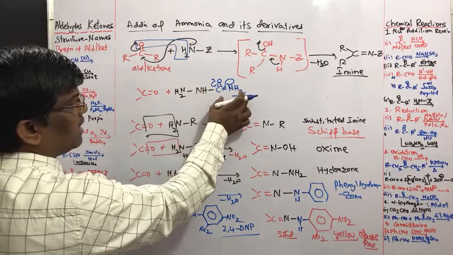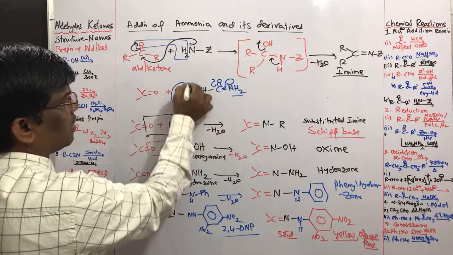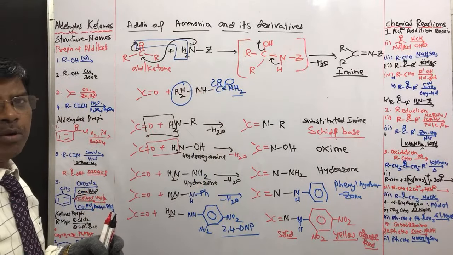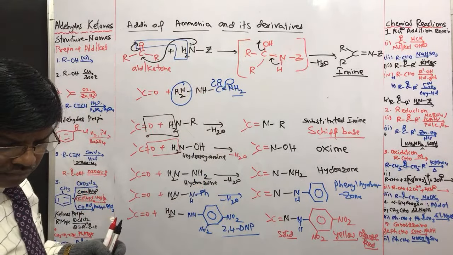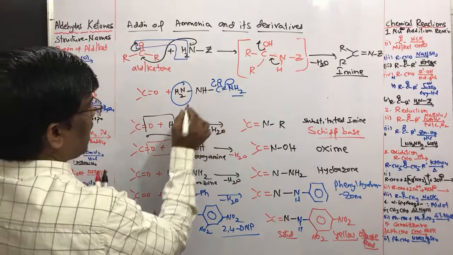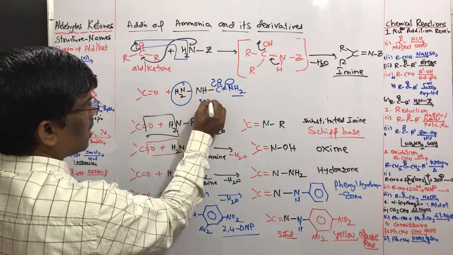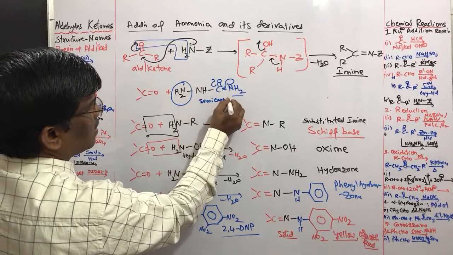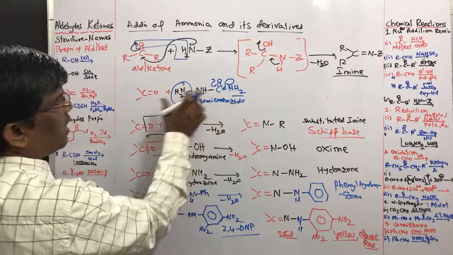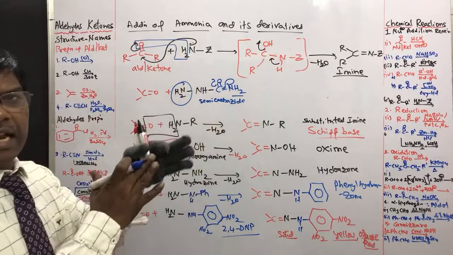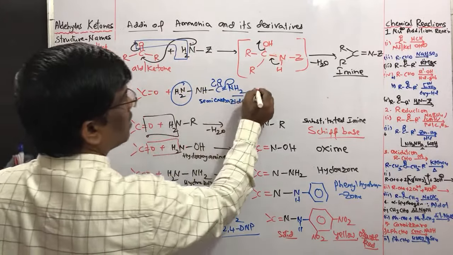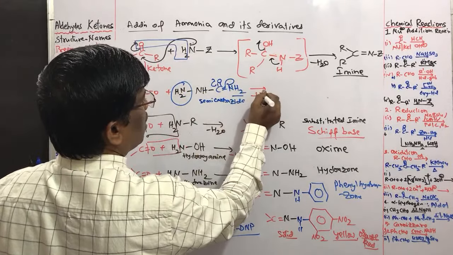So it is inert. This other nitrogen is going to form semicarbazone. Yes, semicarbazide. In your book it is not given like this, so I am writing it in an elaborated way. Minus water.